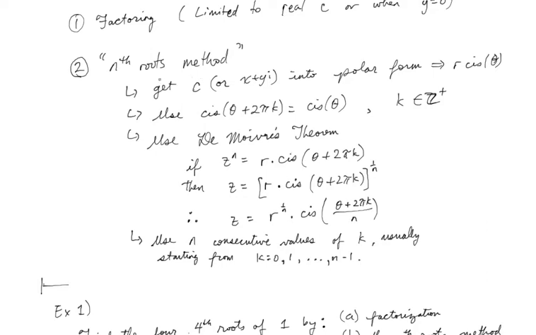Okay. Specifically, the steps are basically we have c. We're going to take it and get it into polar form, which is the r cis theta form.